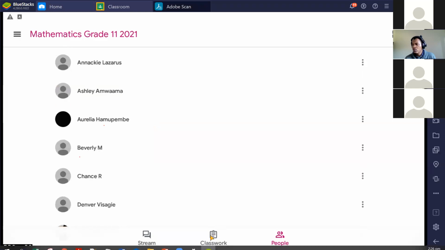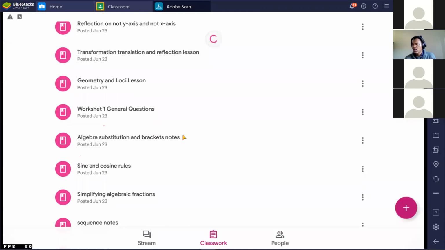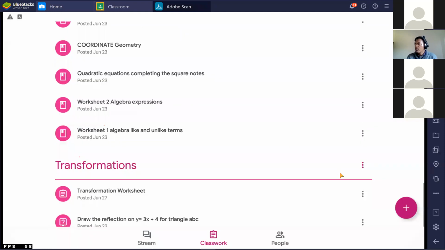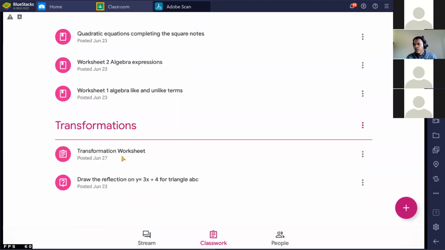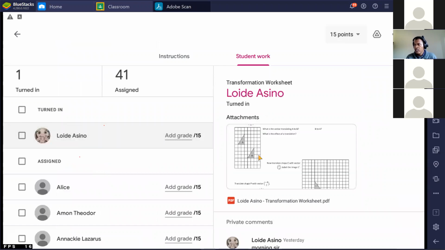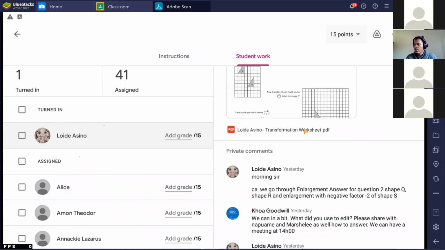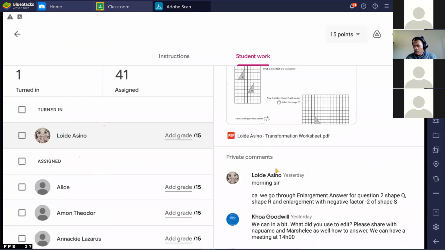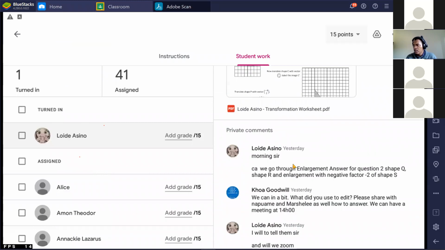Let me just go to homework. Over here you can see Loide already did the homework, and she uploaded it, and we could also communicate here about what we need to do.